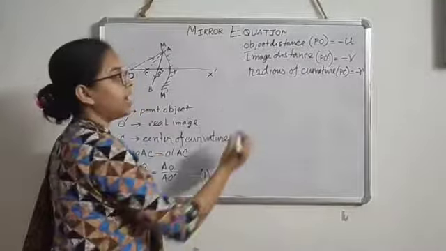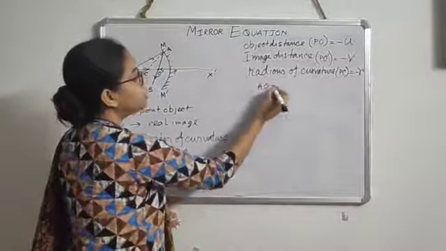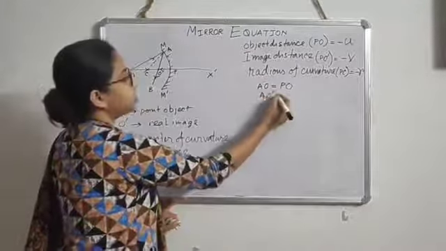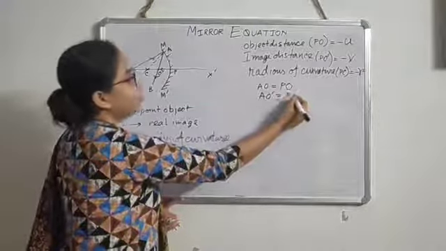So we can say that AO is equal to PO and AO dashed equals to PO dashed.